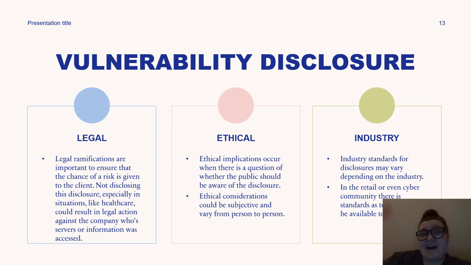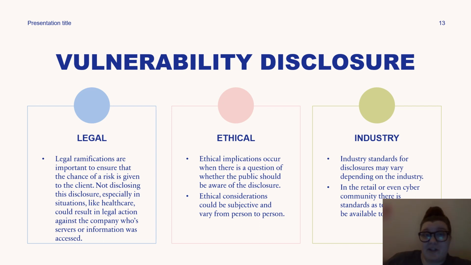And lastly, vulnerability disclosures. So when should a company disclose that there's the chance of a vulnerability? When it comes to vulnerability disclosures, the three major categories to consider are legal, ethical, and industry.